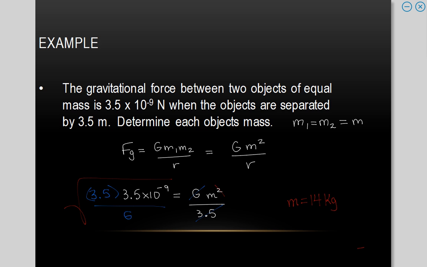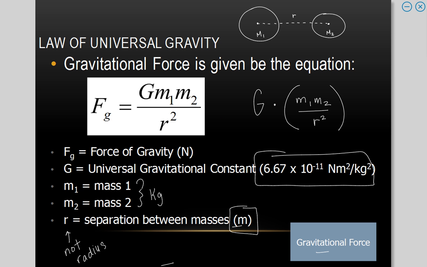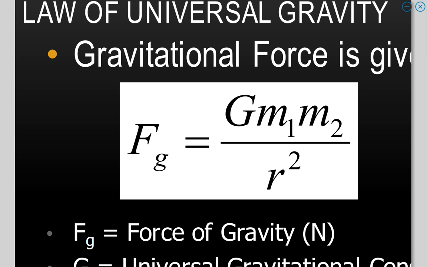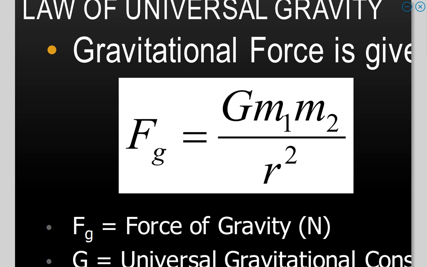If you go back to the original formula, so flip back a few slides, where it has this equation, you can see that the force of gravity is directly proportional to the masses. So if you double one mass, you double the force.